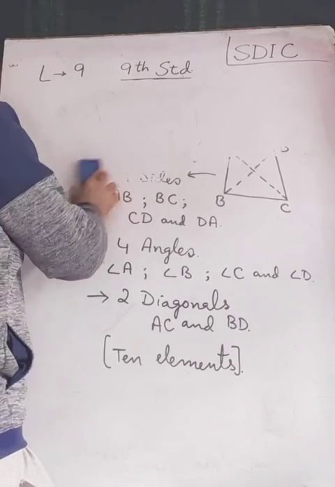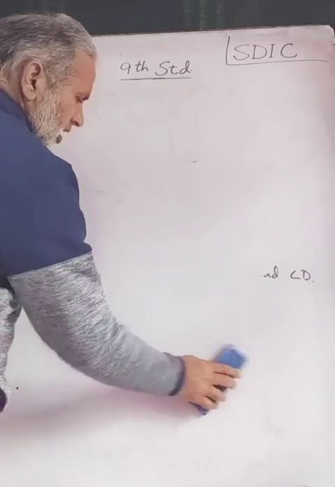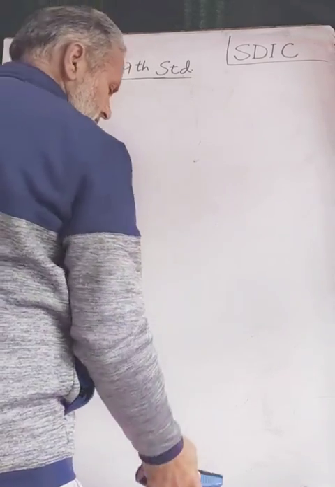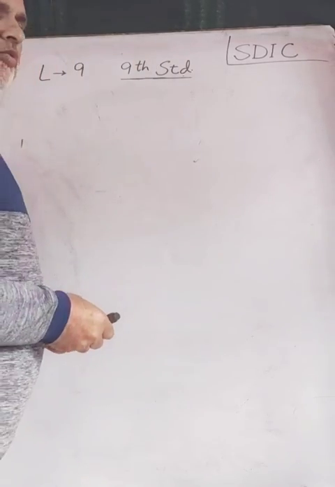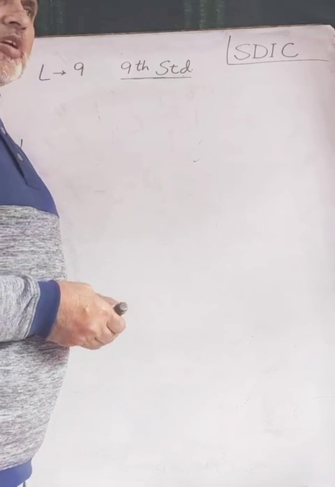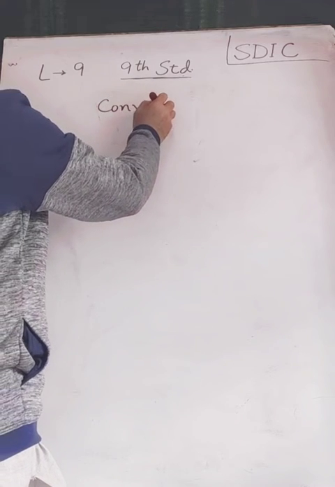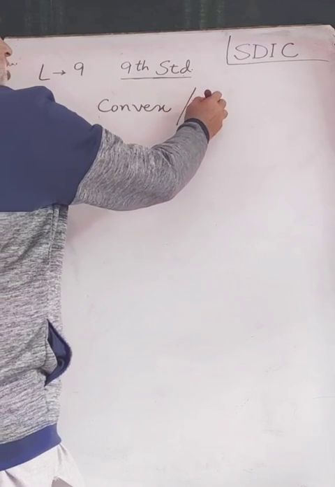Then you have read that a quadrilateral can be a convex quadrilateral or a concave quadrilateral. In class 8 you have read this.